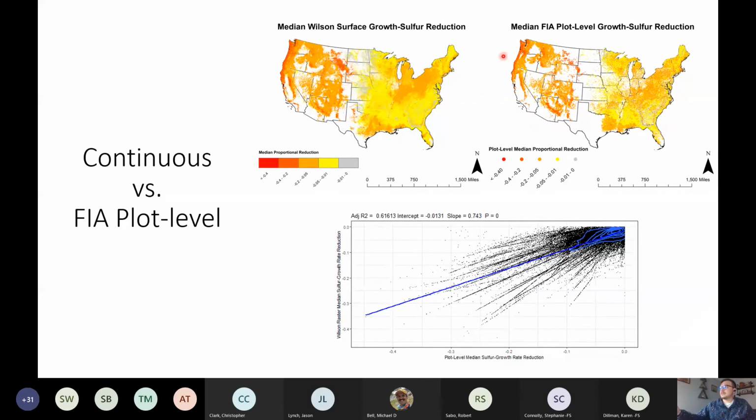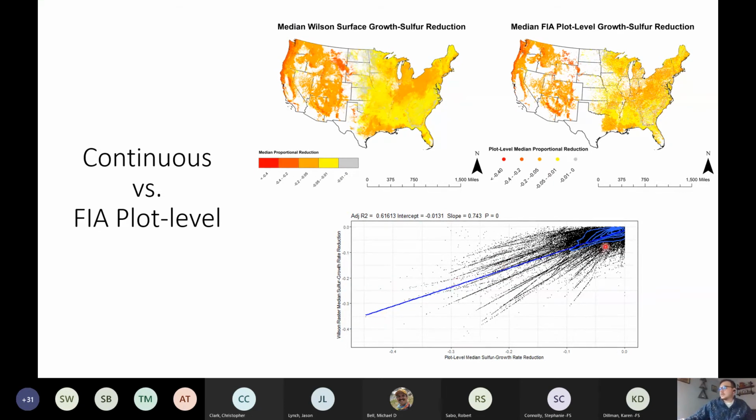I've done the same on the right, but I've scaled it to a point layer. So let's say you have 10 trees, you take the median of that within a given plot, and that's what's showing here on the right. Visually, you can say the trends look pretty close spatially; you don't see too much of a difference. But when you actually pull those together and compare them, you can see there are certain differences that do occur.